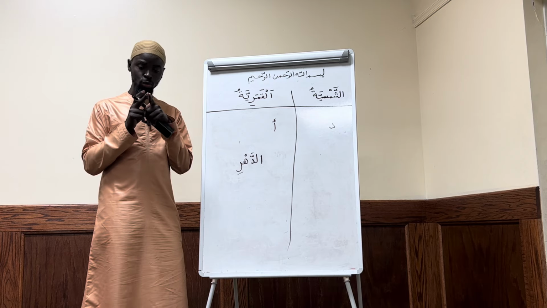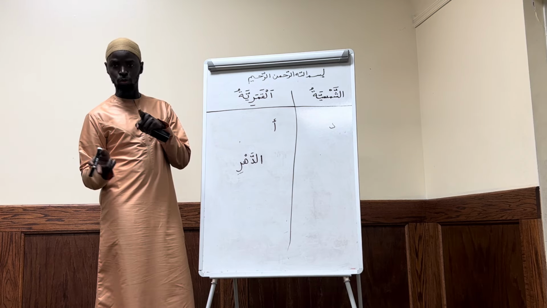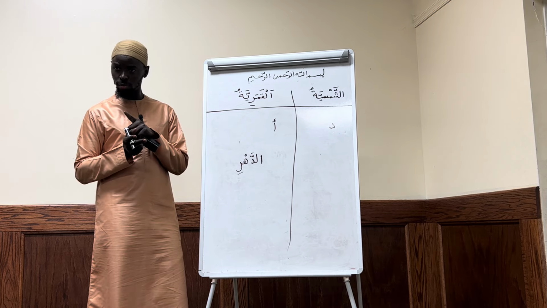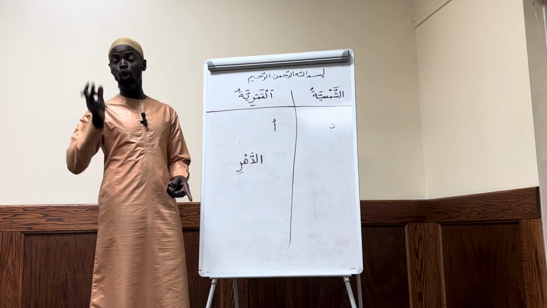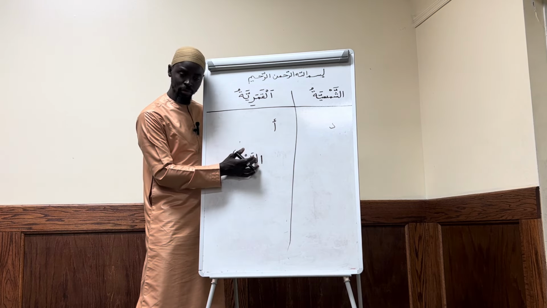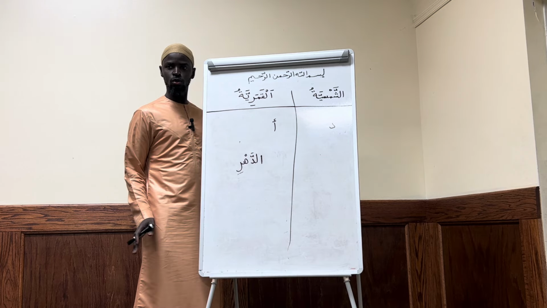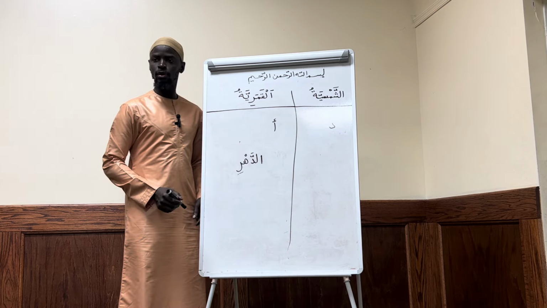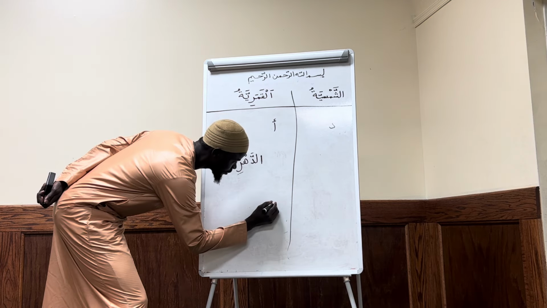So if you have two sukoons, you have to drop one. Which one do you have to drop? The first one. You always drop the first one. So two sukoons, this lam sukoon, drop it. No sukoon. Why? Because we have sukoon with the dal. So this is how it's going to be.